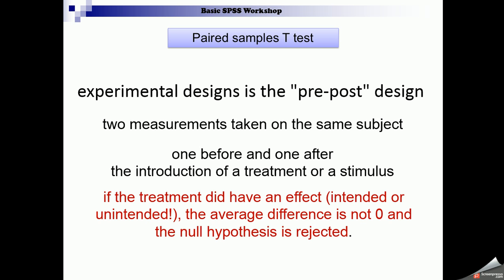We have a group of people. We test them before they take the medicine and after that. We want to check whether or not this treatment has an effect. It can be a treatment or some kind of exercise or anything that we apply on our sample.